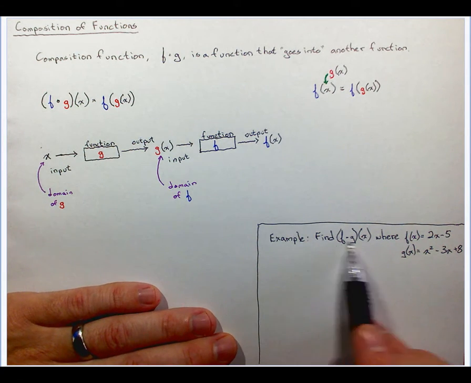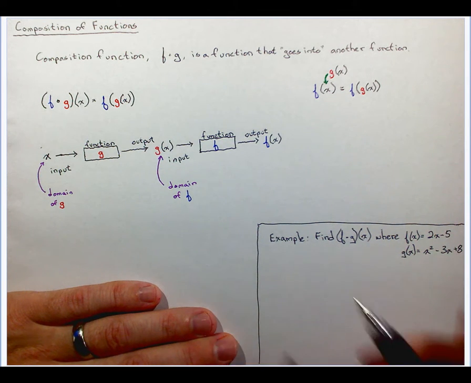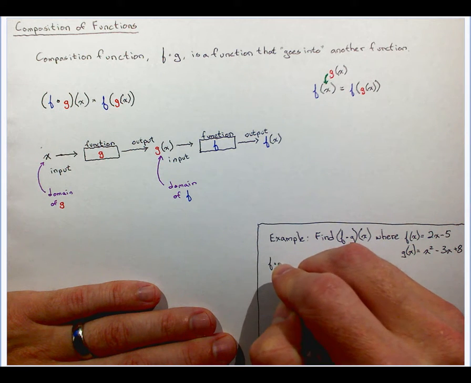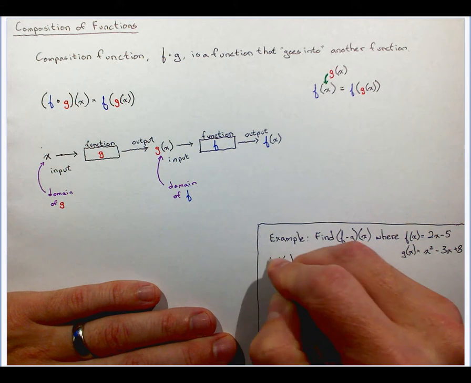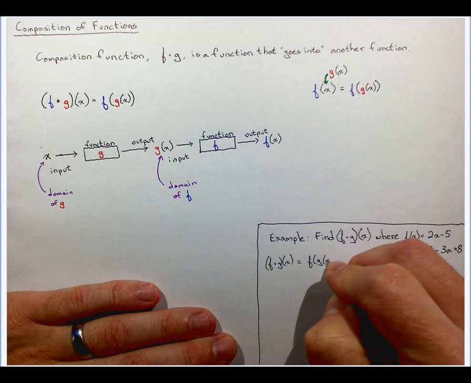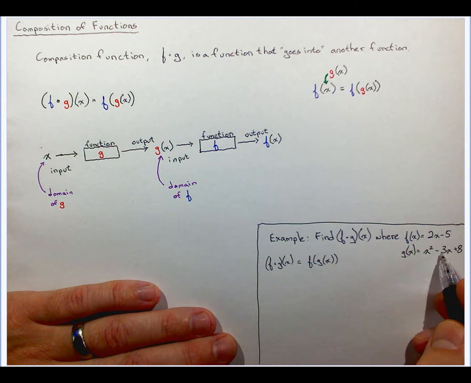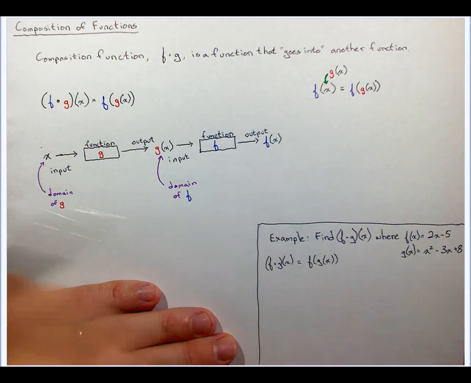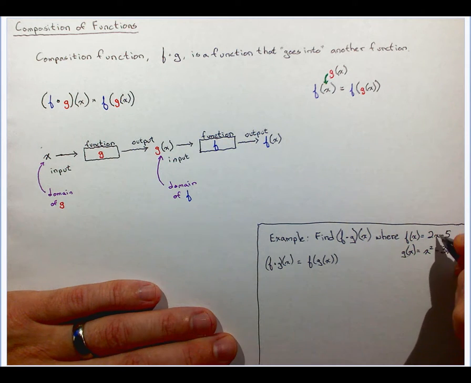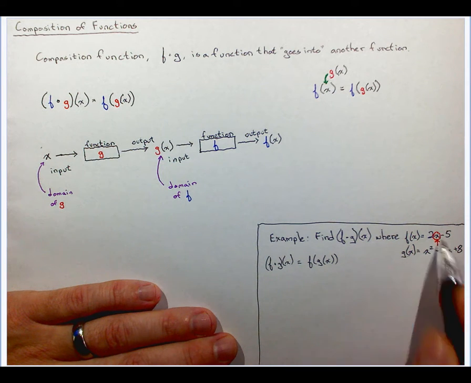So let's look at an example and be able to see this. What I have here are two functions, and I want to find the composition of the functions. So this is my notation, and how I like to view it is like this. What I know is I'm going to take g of x and plug it into x in f of x. I'm going to take all of this and place it in there.